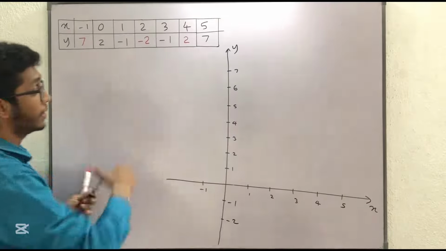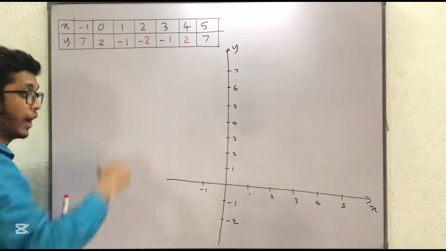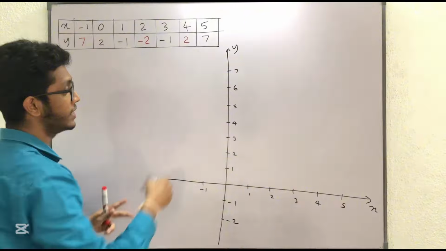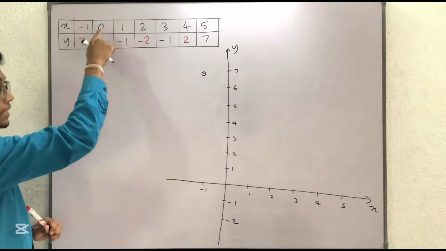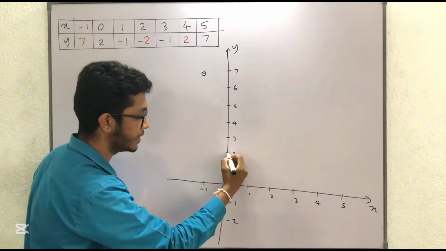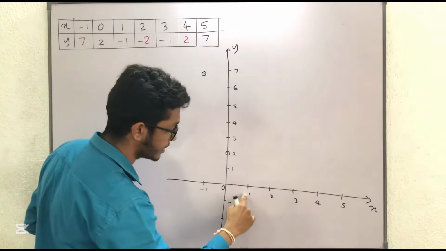Now I am going to mark these points. When x equals -1, y is 7. When x equals 0, y is 2. When x equals 1, y is -1.